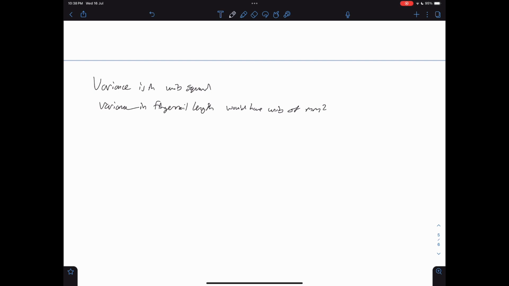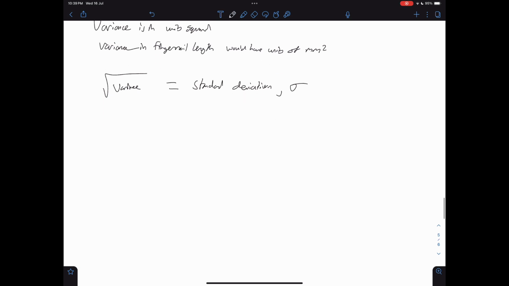So how do we solve this? We just square root the variance, and this gives us something called the standard deviation, with the symbol lowercase sigma. So therefore the standard deviation is going to be the square root of the sum of x squared over n minus x bar squared.